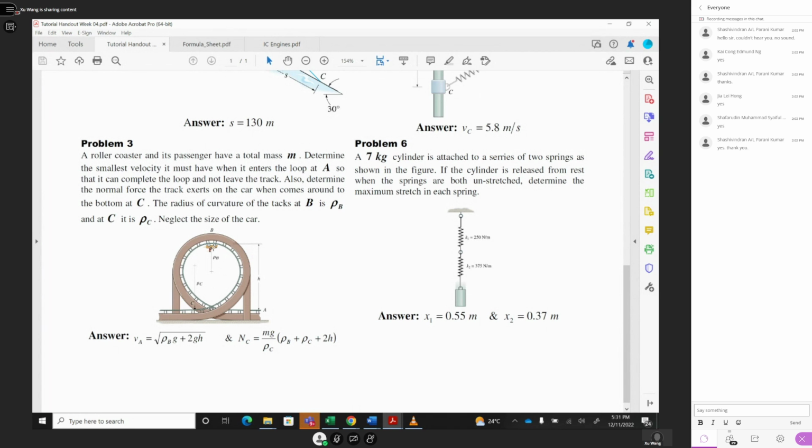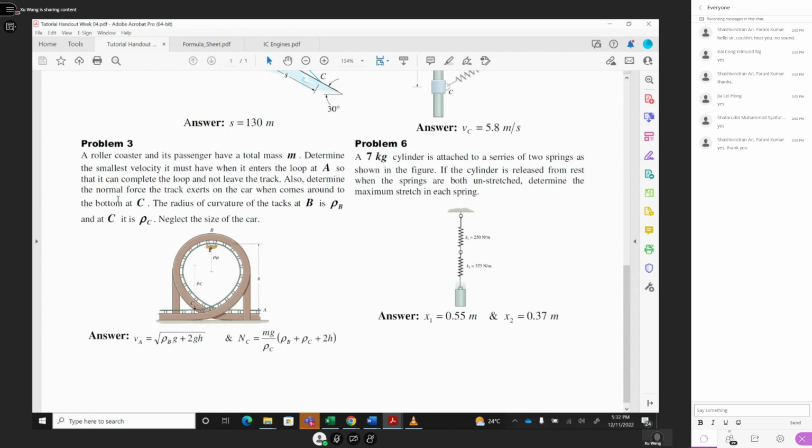The balance, they will not drop. If this weight is larger than the centrifugal force, this one will drop. Otherwise, at least maintain mg equal to centrifugal force, and then can make full run. Okay, so will not leave the track.